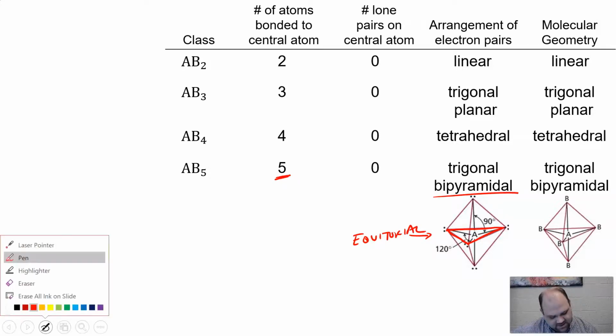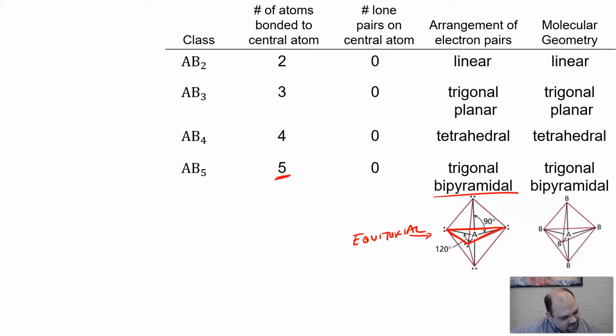And let me change colors real quick. The position at the top and the position at the bottom are called axial. Okay. So just like the Earth spins on its axis and the equator goes through the middle, the blue positions are the axes, the axial positions that it spins around, and the red positions are the equatorial positions that stay in the middle between those two top and bottom positions.